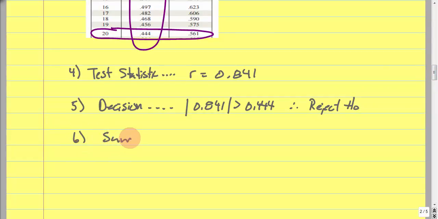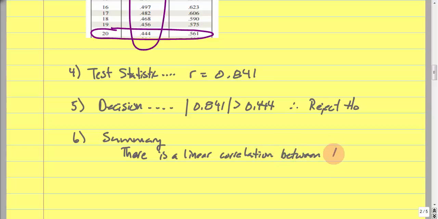So when we summarize this, we can basically look at this and say, you know what, it looks like the data supports the conclusion that there is some linear correlation between the two variables. So there is a linear correlation between the two variables. And the two variables are husband IQ and wife IQ.